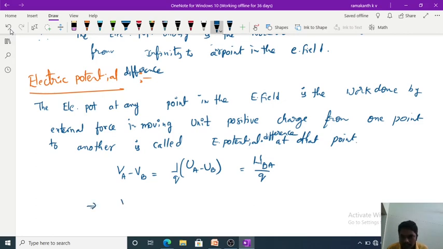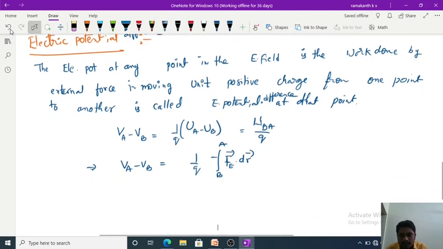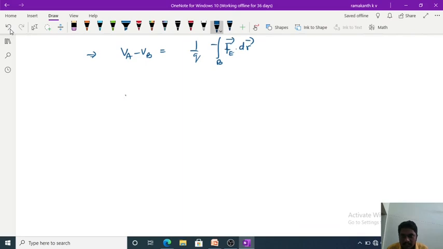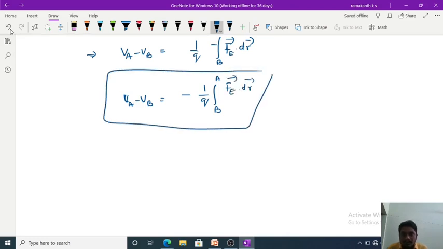So how can you write this expression? VA minus VB is equal to WBA by Q, that is minus 1 by Q integral from B to A of FE bar dot dr bar. This is the electric potential difference between the 2 points. Now, what is electric potential?